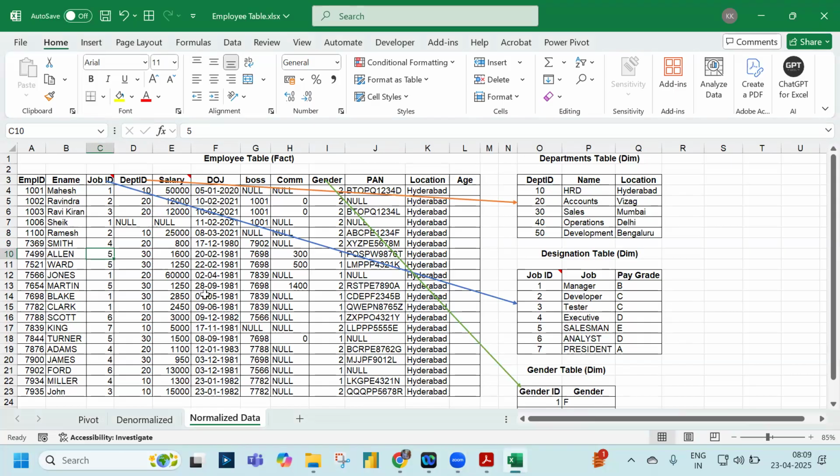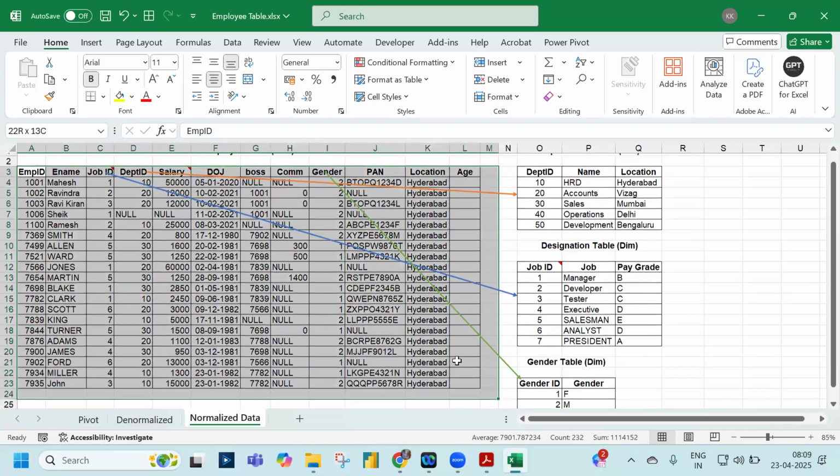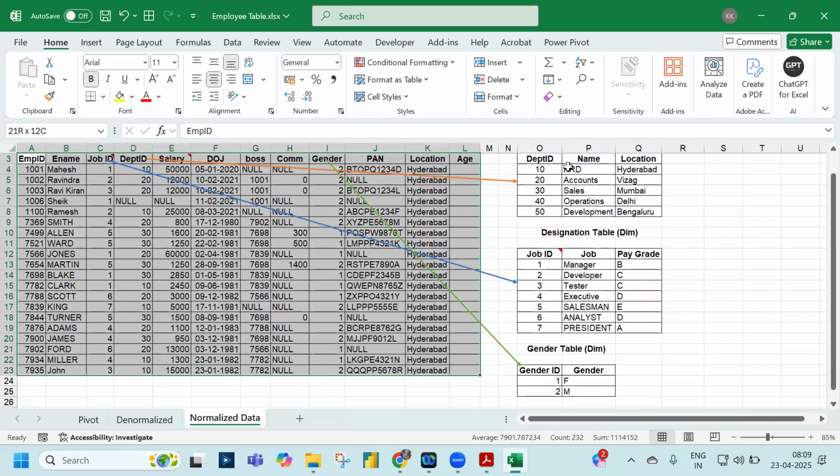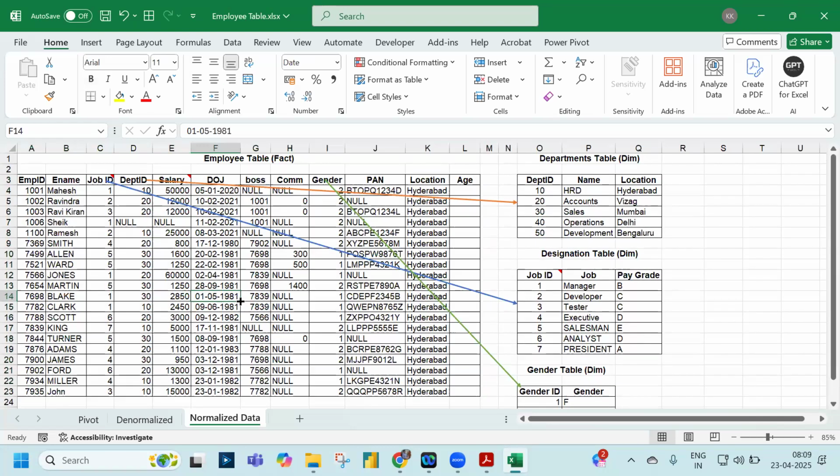This is where we need to understand what is a primary key and foreign key. With that, you will get some idea of how to build the relationships. Among all these tables, you see a few common things. Can you help me find out the common things among this table and these three tables?